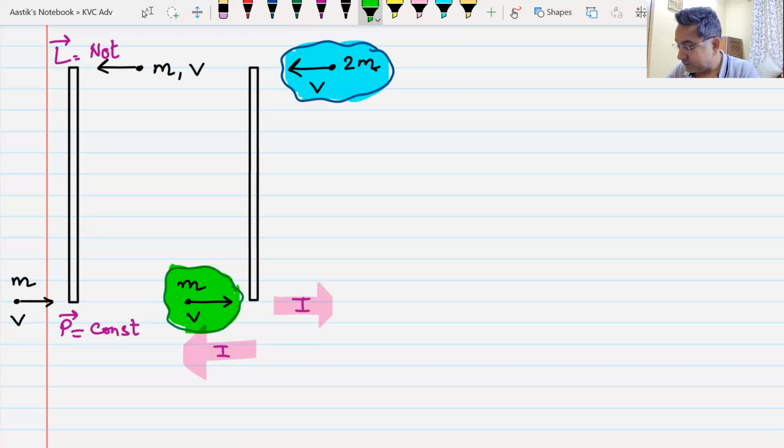Same scenario will apply. This rod is giving it an impulse, let me call this I1, so that they become different. And this ball is saying, hey, I2. The linear momentum of this ball is not conserved. But when this rod gives a slap to the ball, the ball also gives a slap to the rod.